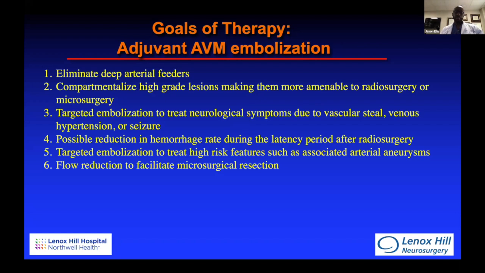You can, in some cases, even eliminate seizures with well-targeted embolization. These targeted embolizations aren't necessarily curative of the AVM, but they are really focused on helping a specific neurological issue that may be arising from the AVM.